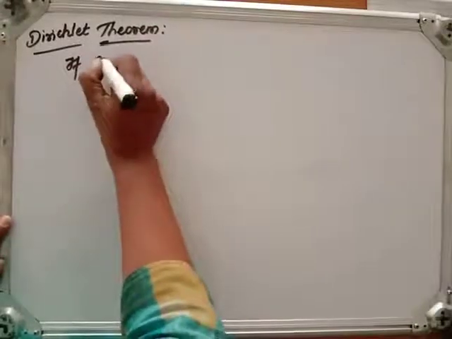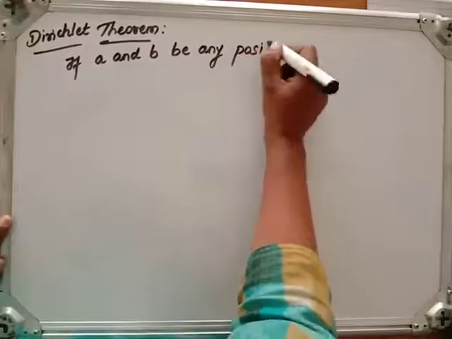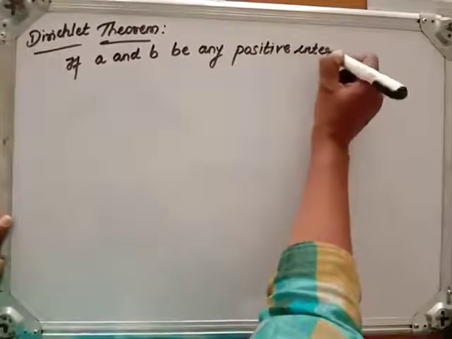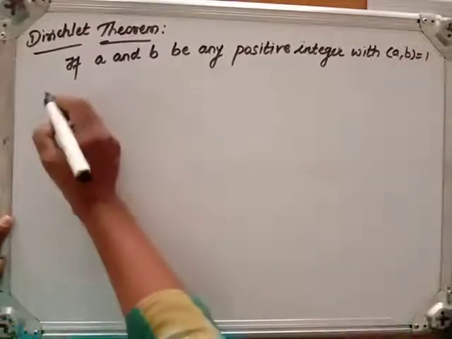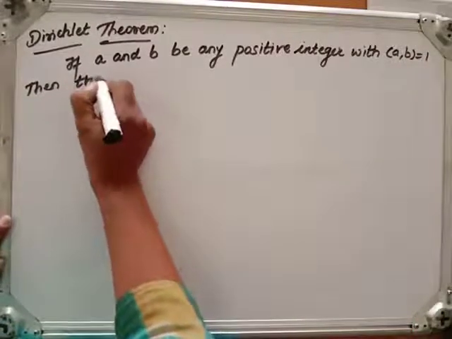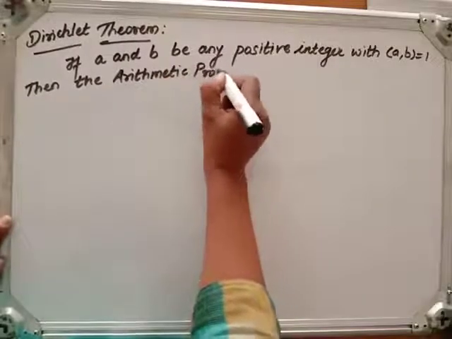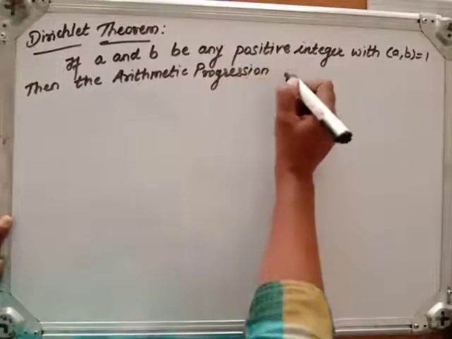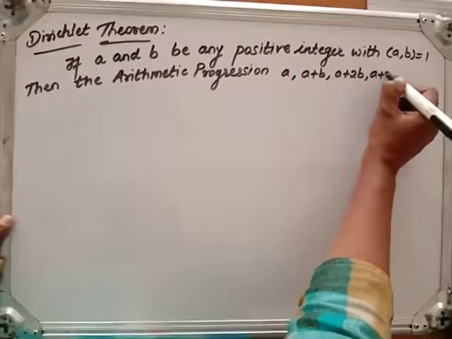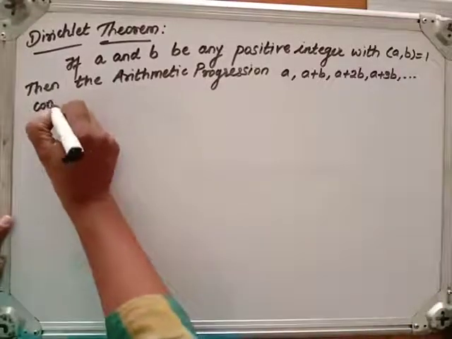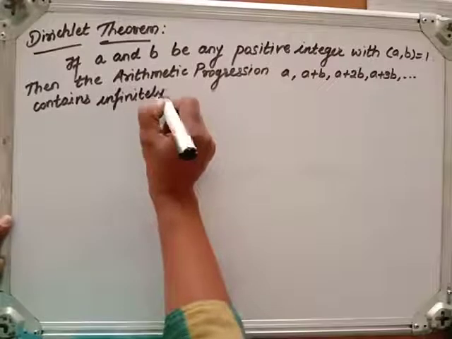If A and B are any positive integers with A and B relatively prime, then the arithmetic progression A plus B, A plus 2B, A plus 3B and so on contains infinitely many primes.